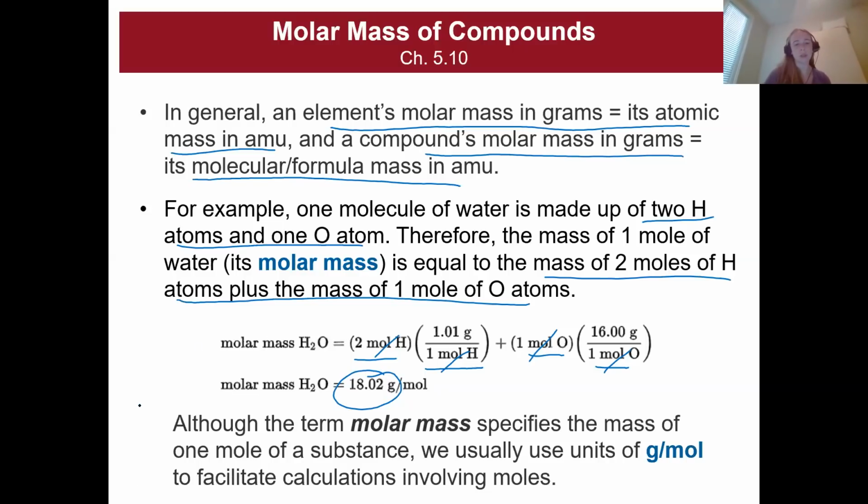And although the term molar mass specifies that the mass is for 1 mole of a substance, which means we only need to say that it's in grams, because we're already specifying that it's for 1 mole of the substance, we usually use the units of grams per mole, because most of the time when we're using molar masses, we're using them to do calculations involving a certain number of moles of the compound.